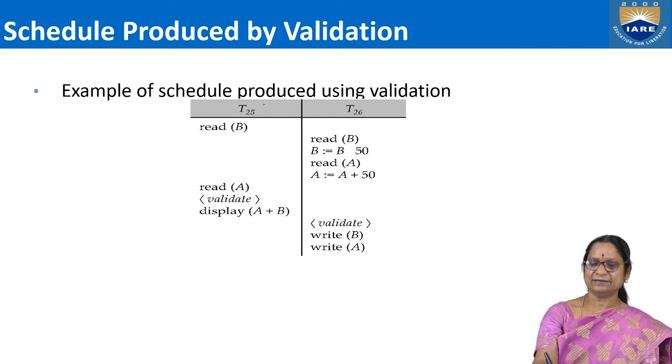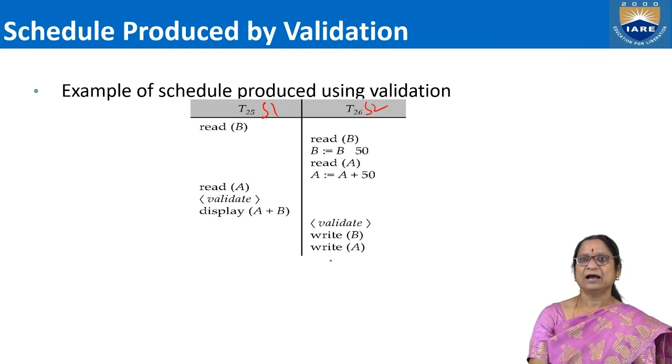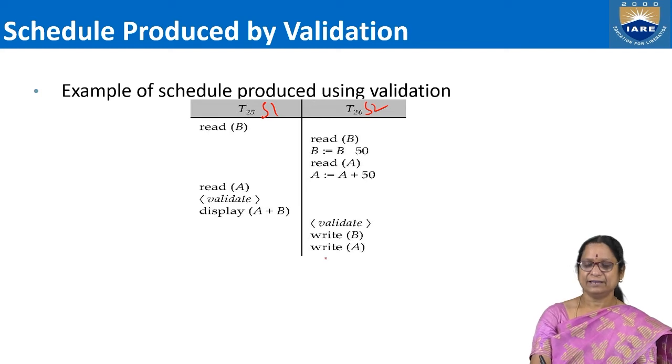So this is the start time, started at S1, and let us assume that this is started at S2, right, start time. And here this is the validation time and this is the completion time, the finish time. Here the validation time is V2, this is F2.